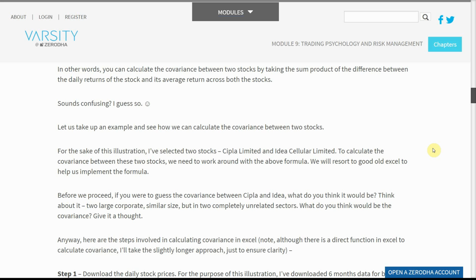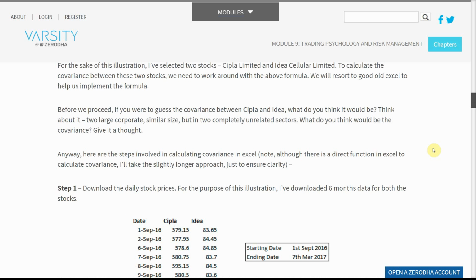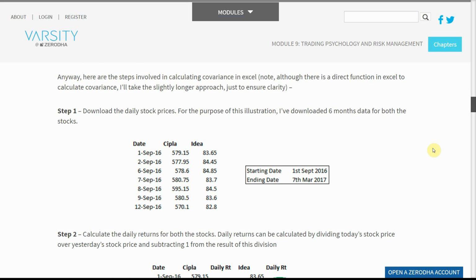Before we proceed, if you were to guess the covariance between Cipla and Idea, what do you think it would be? Think about it. Two large corporates, similar size, but in two completely unrelated sectors. What do you think would be the covariance? Give it a thought. Anyway, here are the steps involved in calculating covariance in Excel.